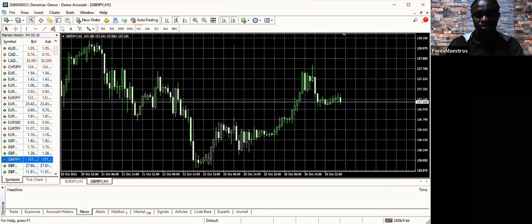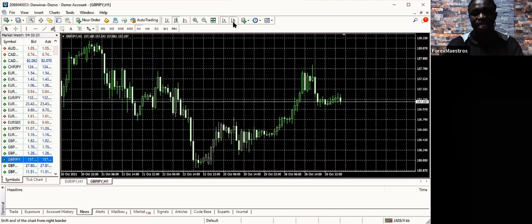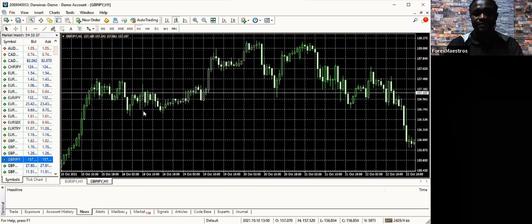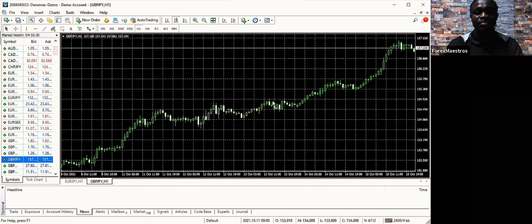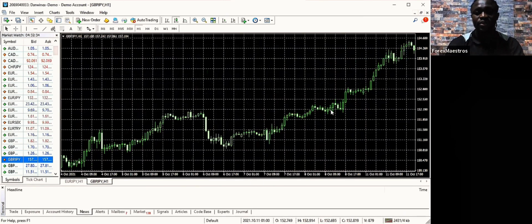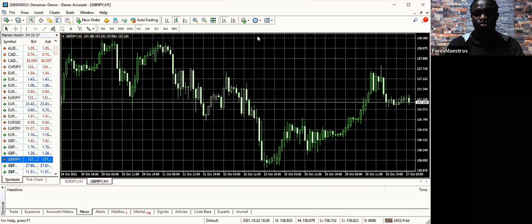If I check both of them, my chart keeps moving. If I uncheck both of them, I can scroll back to see what happened in the previous months, weeks or days. But if I want my chart to be on the current candle, I just check the first one.